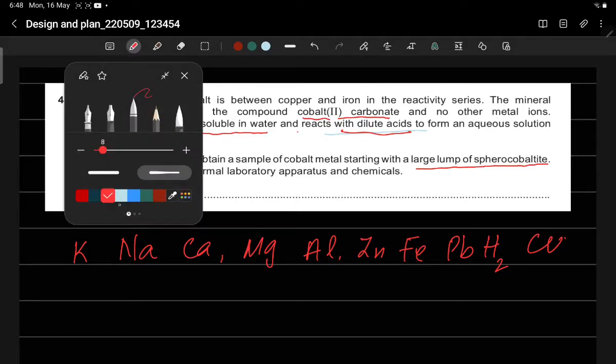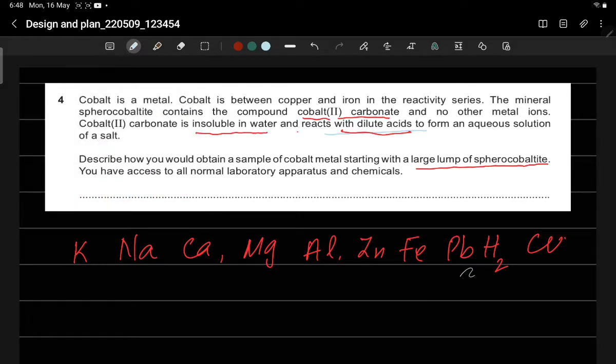Cobalt is present between iron and copper. So it means it is less reactive than iron and more reactive than copper.